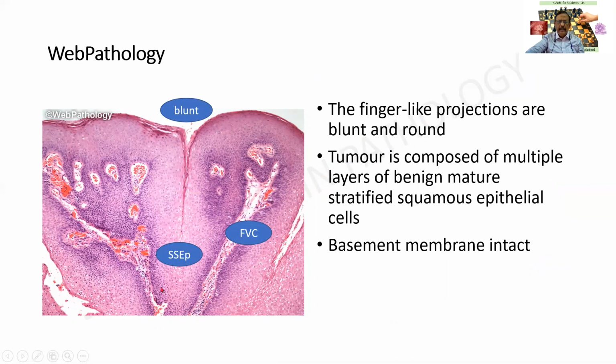This is again a nice picture, a broad, blunt finger-like projection with a fibrovascular core. The cells are mature and of several layers. The basement membrane, this is the basement membrane, it is intact. There is no breach in the basement membrane. So blunt finger-like projection, stratified squamous epithelium, fibrovascular core, intact basement membrane.